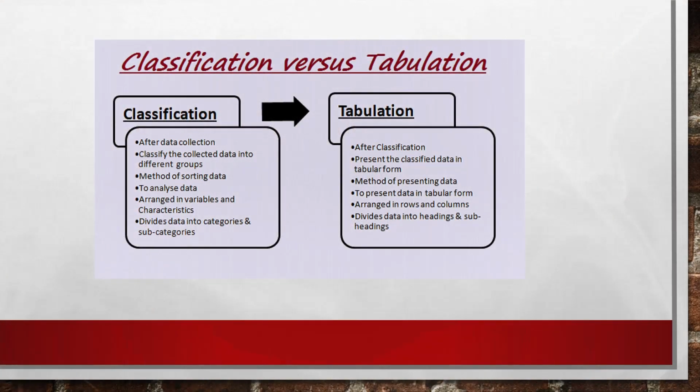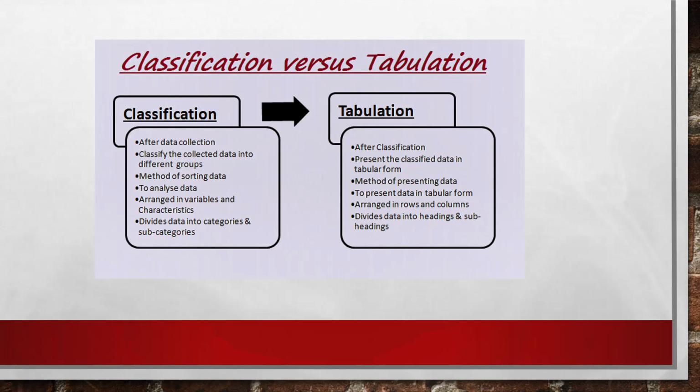Briefly, we can say the difference between classification and tabulation: classification is done after data collection, whereas tabulation is done after data classification. In classification, we classify the collected data into different groups, whereas tabulation presents the classified data in tabular form.